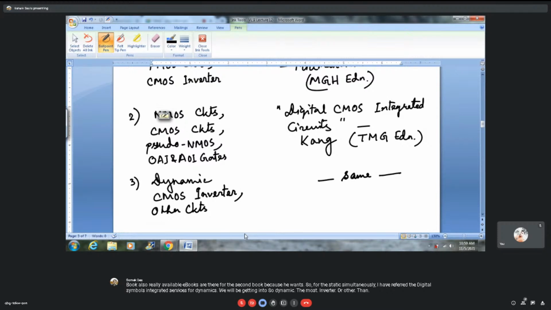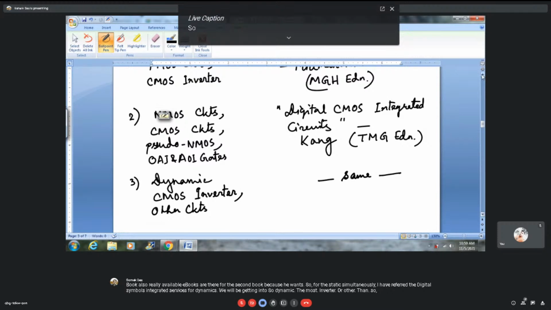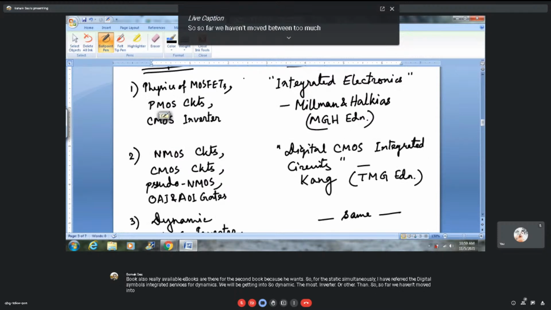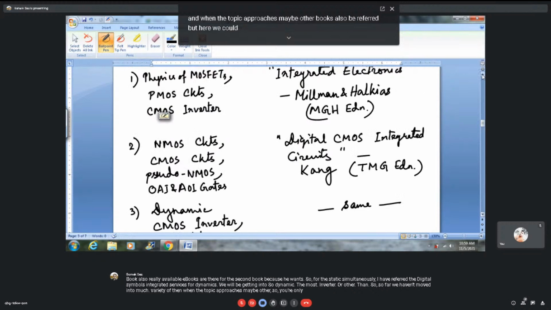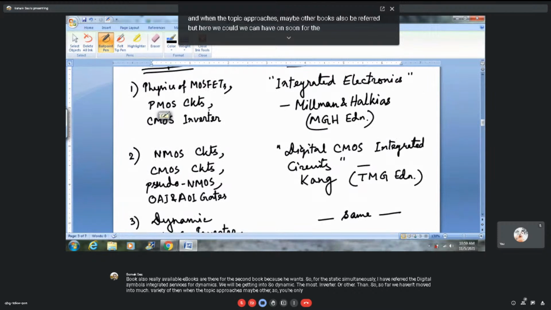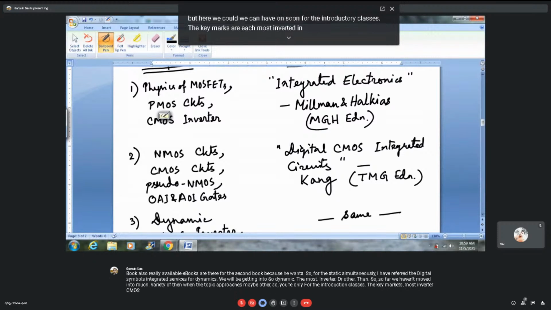So far we haven't moved into much variety of books, but as and when the topic approaches, maybe other books will also be referred. But here only two books we have gone through. For the introductory classes, the PMOS circuits, MOS inverter, CMOS inverter, especially Integrated Electronics by Millman and Halkias. There are plenty of books in the library, mind you.